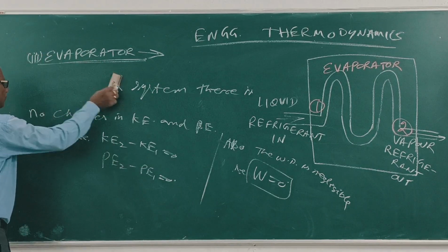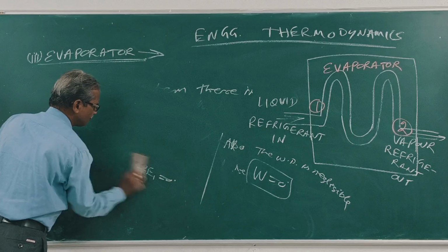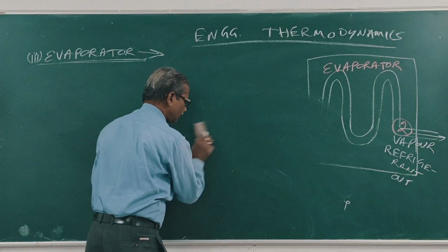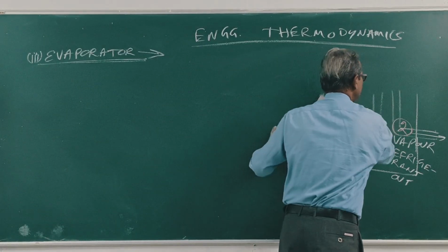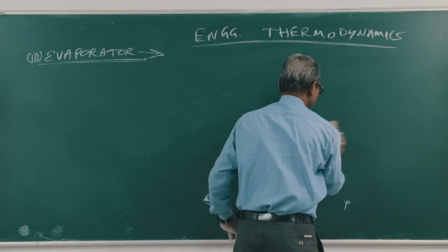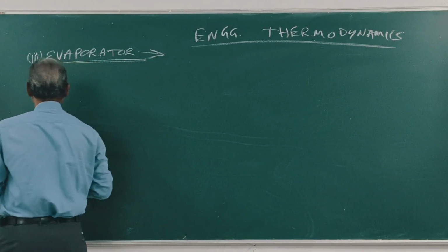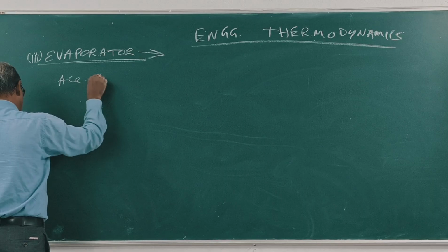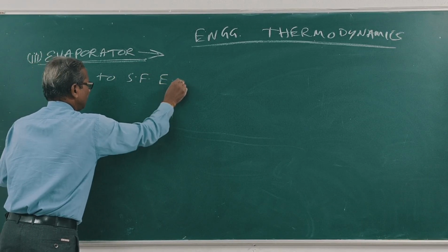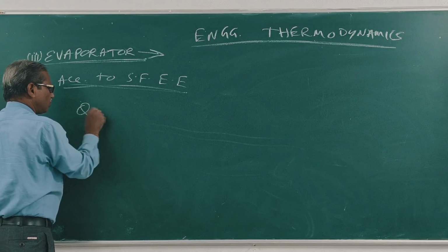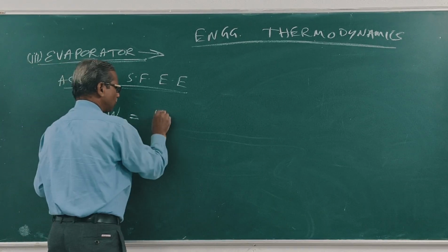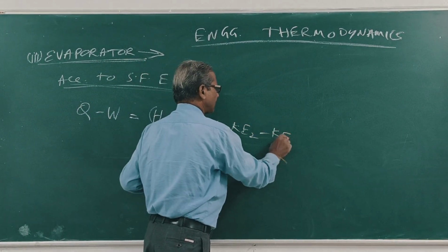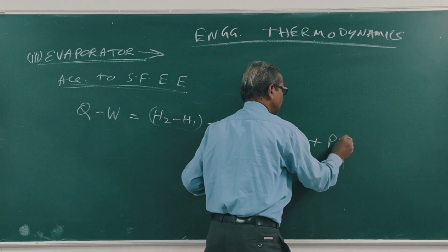According to the steady flow energy equation, Q minus W is equal to H2 minus H1 plus K2 minus K1 plus E2 minus E1.